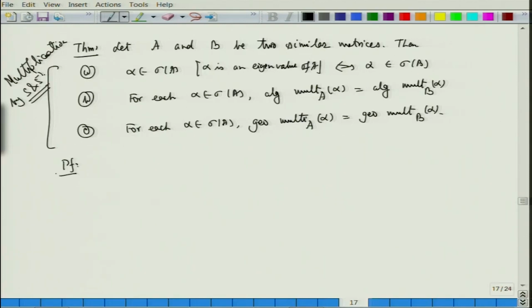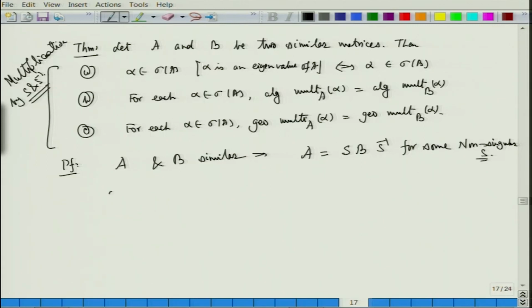Proof: what we did was, A and B similar implies A is equal to S B S inverse for some non-singular, or invertible, matrix S.